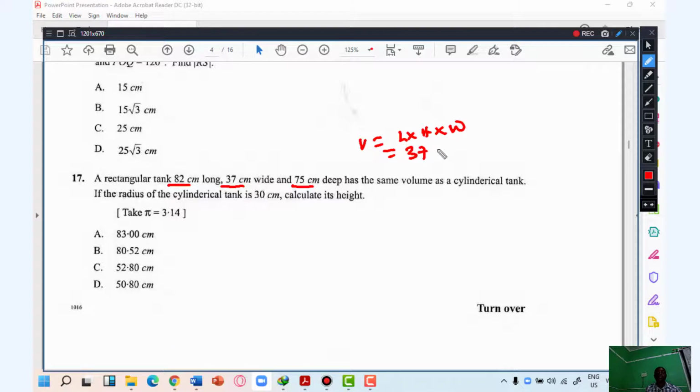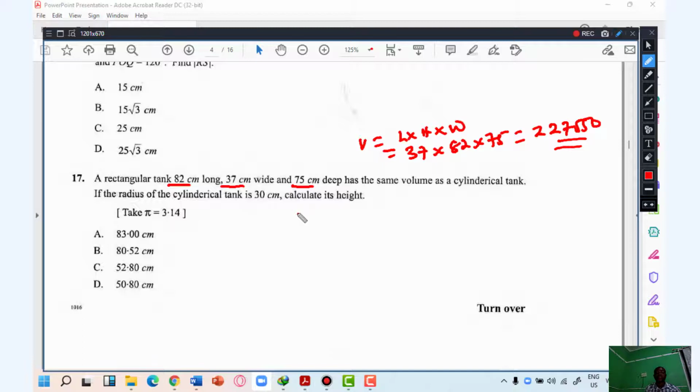So it will give us 37 by 82 by 75 will be the volume of the water tank. So it will be 37 times 82 times 75, which will give us 227,550.